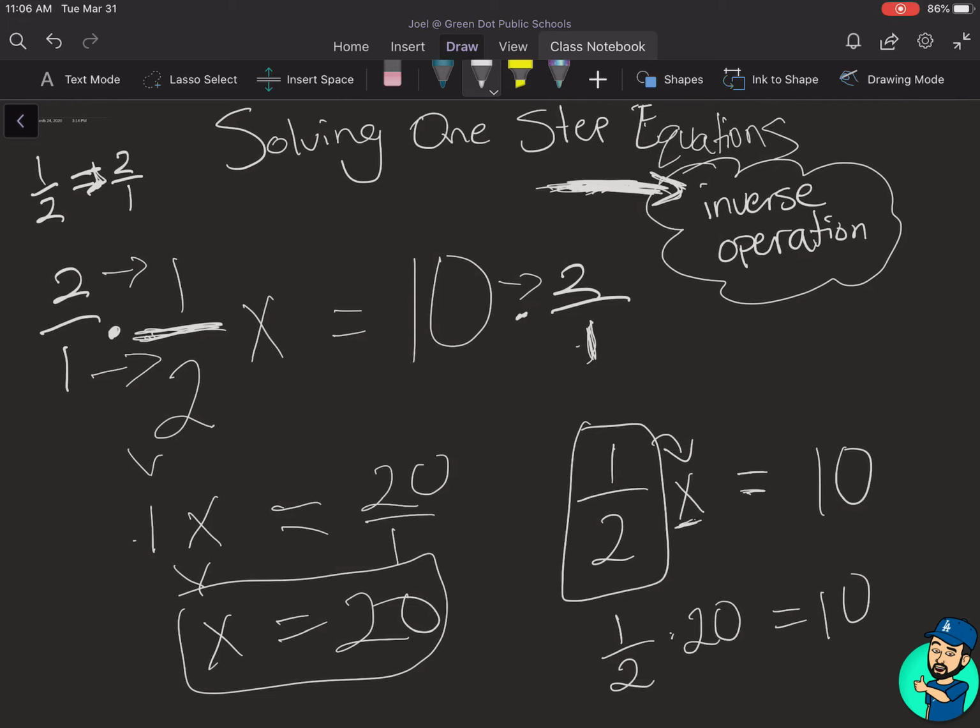So think about money. If you have a $20 bill, what's half of that $20 bill? $10. Let's try another problem that's very similar to this, so we can try it.